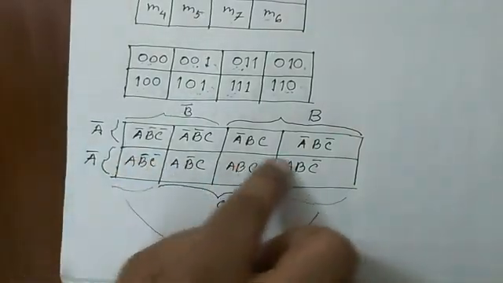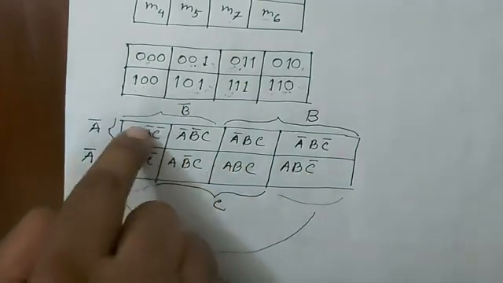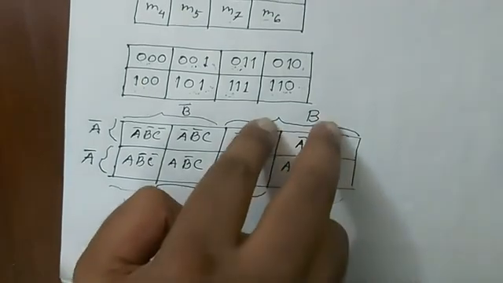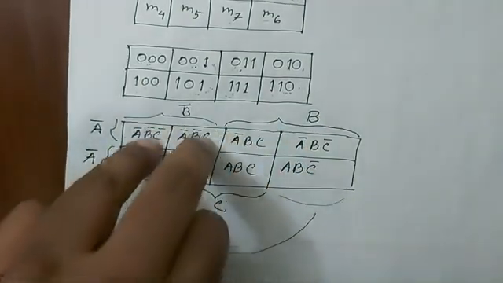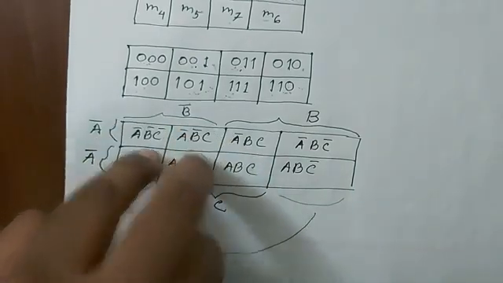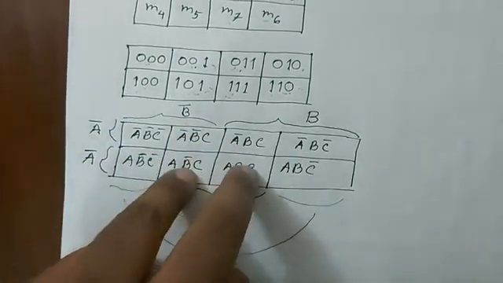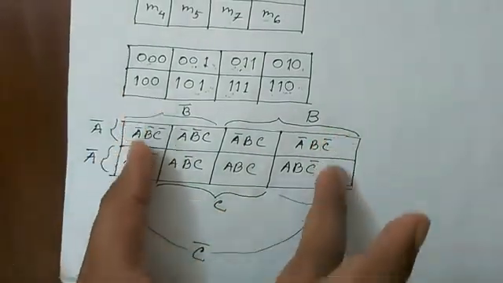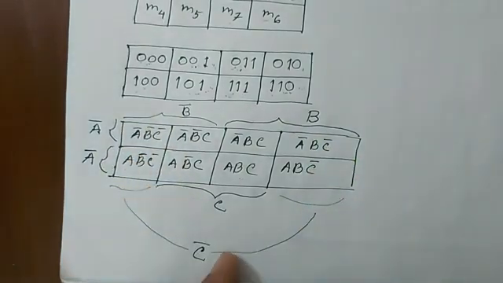So this last row is for A and the first row is for A prime. These two columns are for B and these two columns are for B prime. This middle two columns are for C. So this first column and the last column are for C prime.